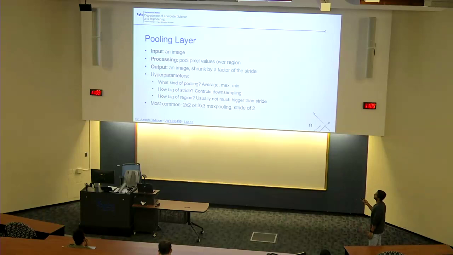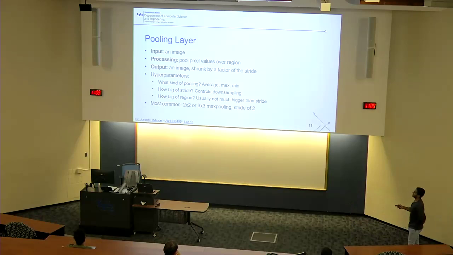And the output dimensions are a function of what stride value you set. There's other kinds of pooling also, where instead of looking at the maximum within a window, you would take the average or the minimum. So that is problem dependent, or it's a design choice based on whatever you're building the model for.